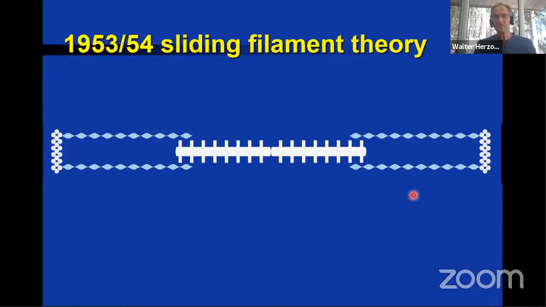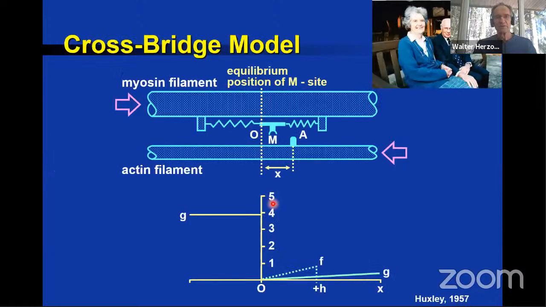And that's when they came up with the theory that we have these actin filaments sliding into the myosin filaments and bringing the Z lines closer to the center of the sarcomere, thereby shortening sarcomeres and producing force. And this was all first described by Andrew Huxley in 1957.